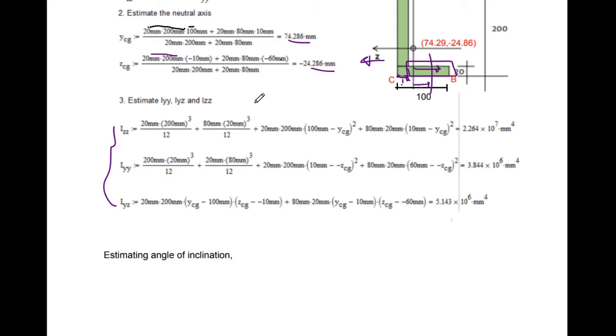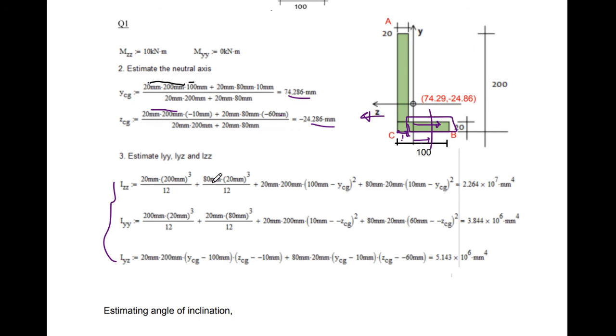Izz can be found by b d square by 12 for one beam and for another beam this one, plus we are finding it with respect to the neutral axis, or you can say the centroid of each beam is here.